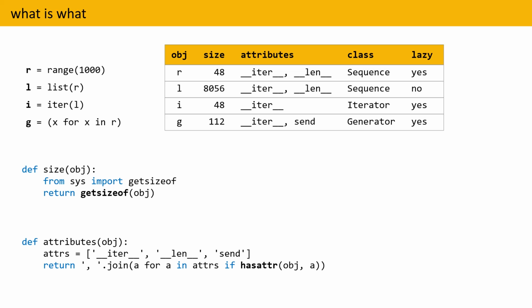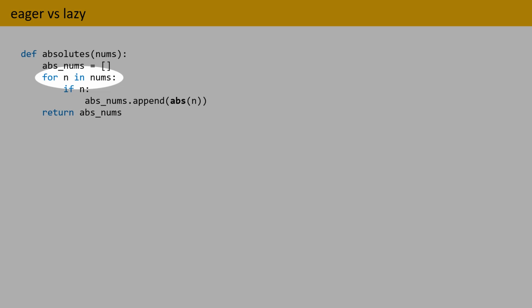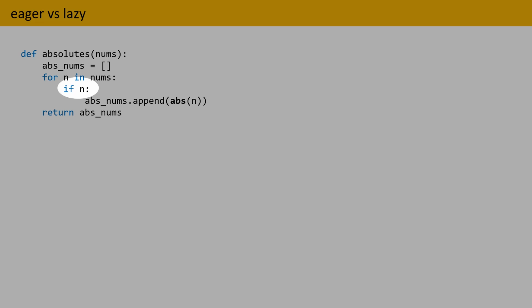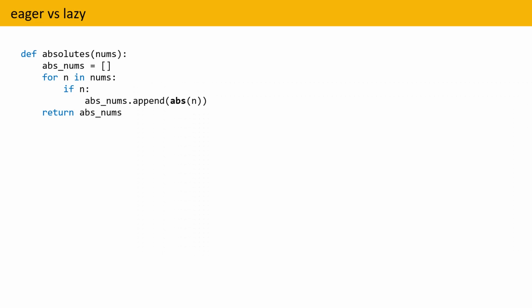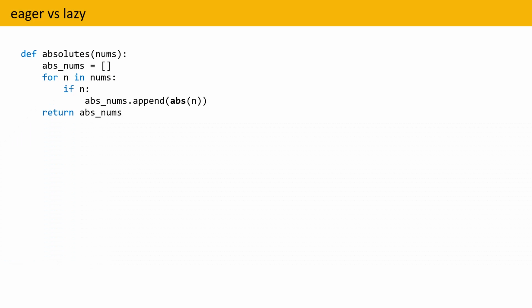We will compare a non-lazy or eager implementation with an iterator or a generator implementation next. This toy example computes the absolute numbers for a given list of numbers and also removes all zeros of that list. It simply iterates over the numbers of the list, and if the number n is not 0, it appends its absolute value to a new list, abs_nums, which is returned at the end of the function.